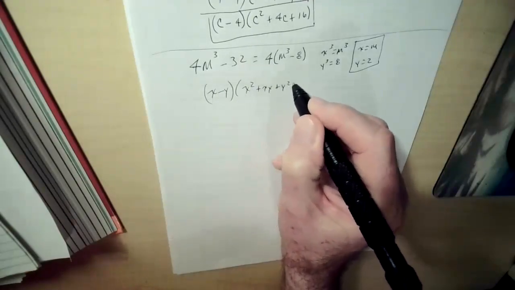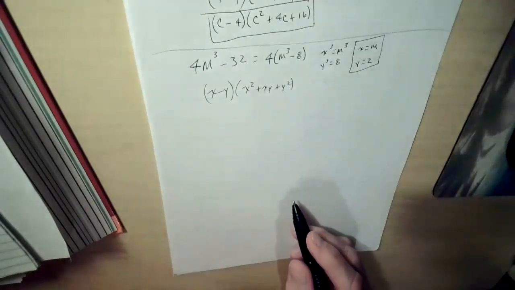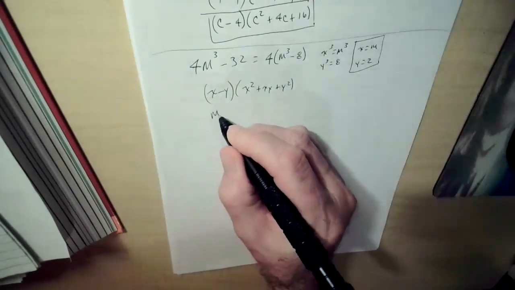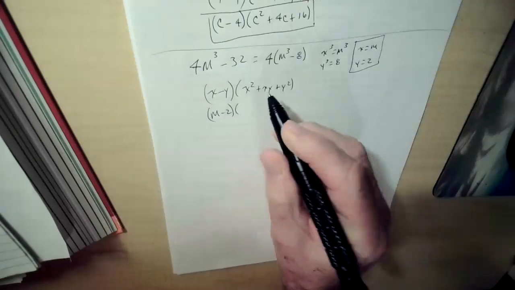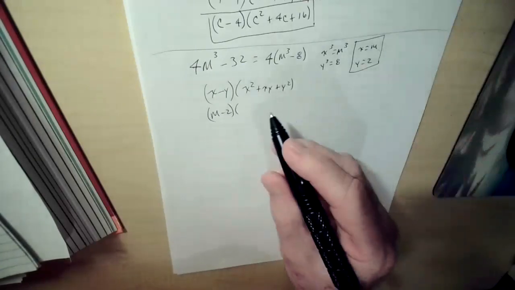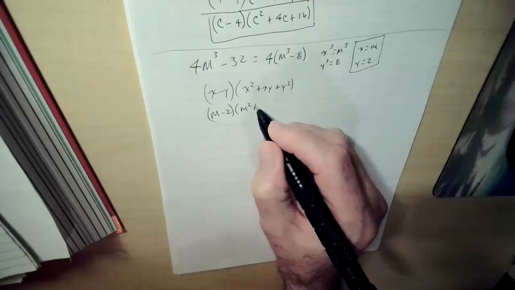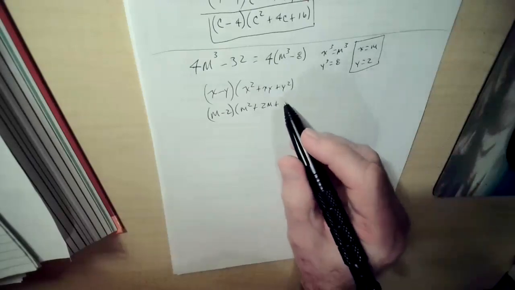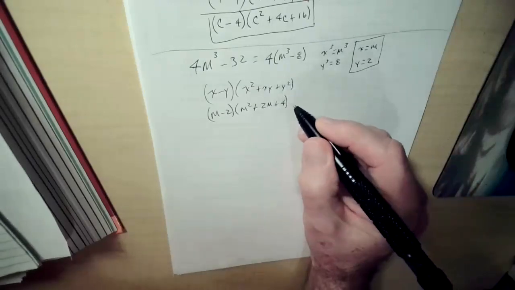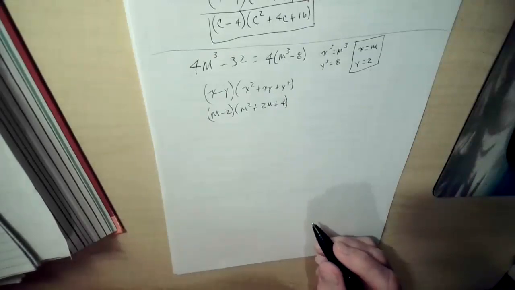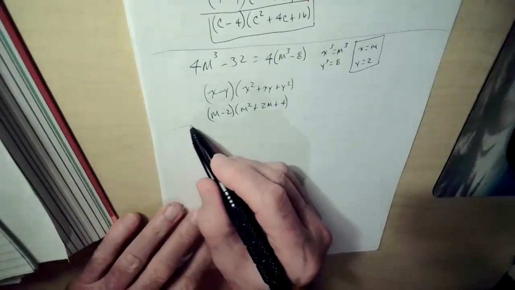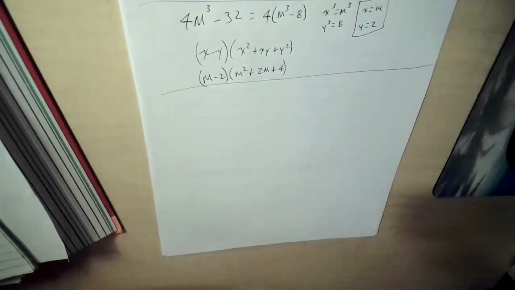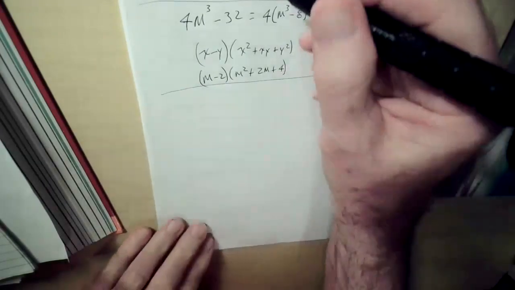We just plug them in. So we get x minus y, x squared plus xy plus y squared. We plug in the numbers: x minus y, so we get m minus 2, times x squared, x is m, so we have m squared plus 2m. Y squared, y is 2, so y squared is 4, I think.